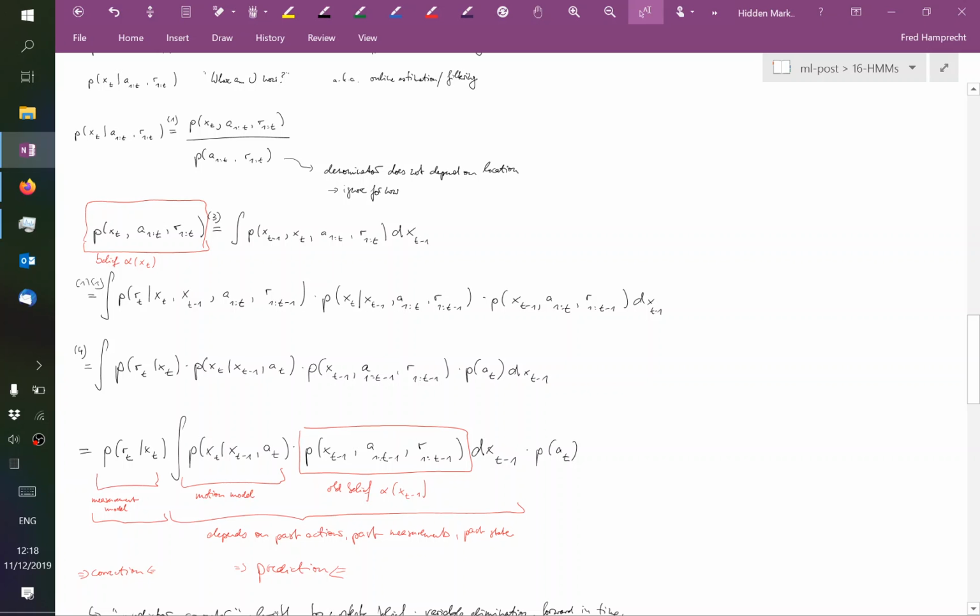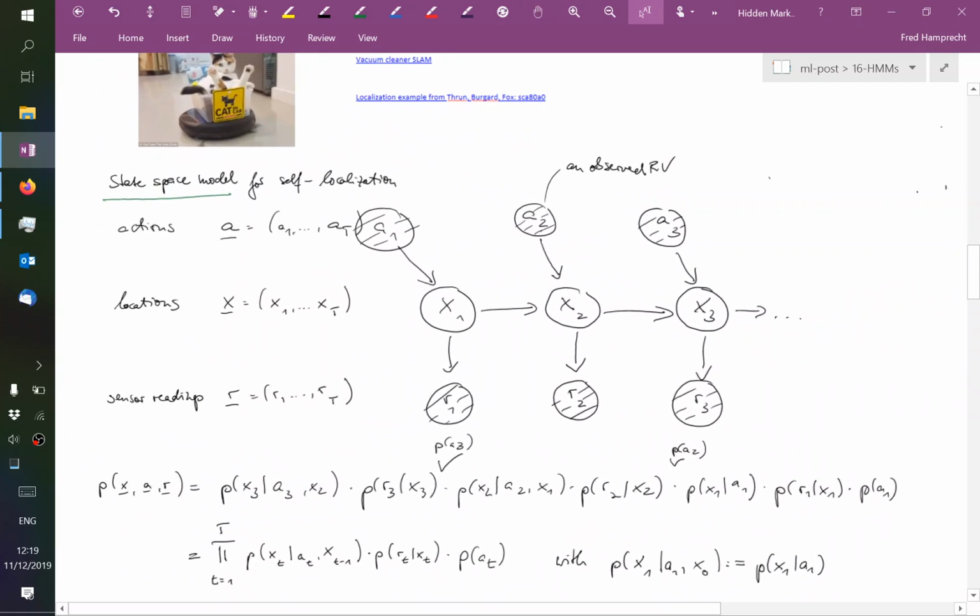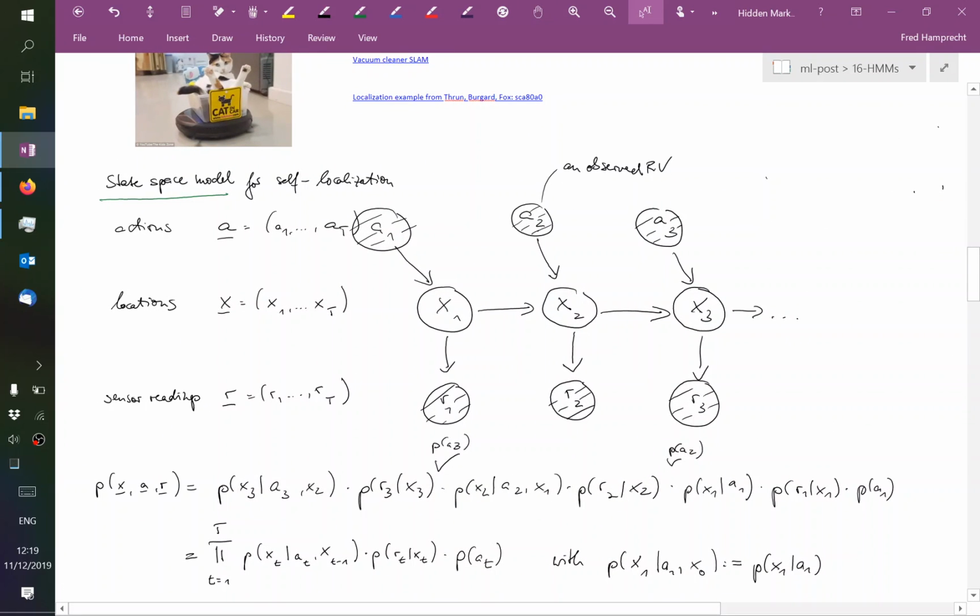Yeah, but I would be interested in a system where we don't know which action was performed on the system, but we have to get the action from the measurement. Is there something similar we can do? Yes. So you're talking about actions. Here I had assumed that the actions are observed, but indeed we can also try and infer the actions.